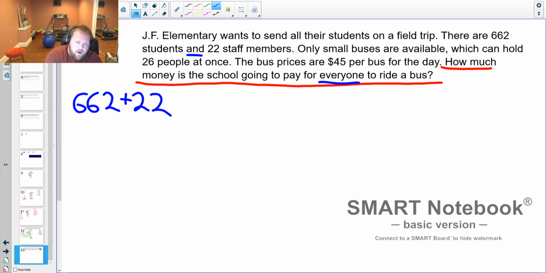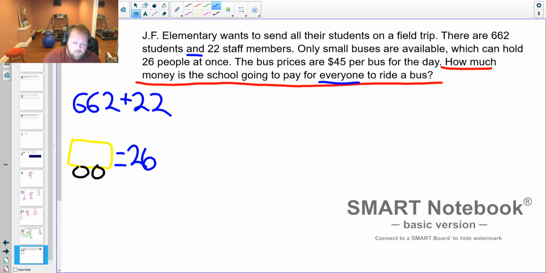Now, there are small buses. I'm going to make... That's wonderful. I should be an artist. All right. Equals 26 per bus.